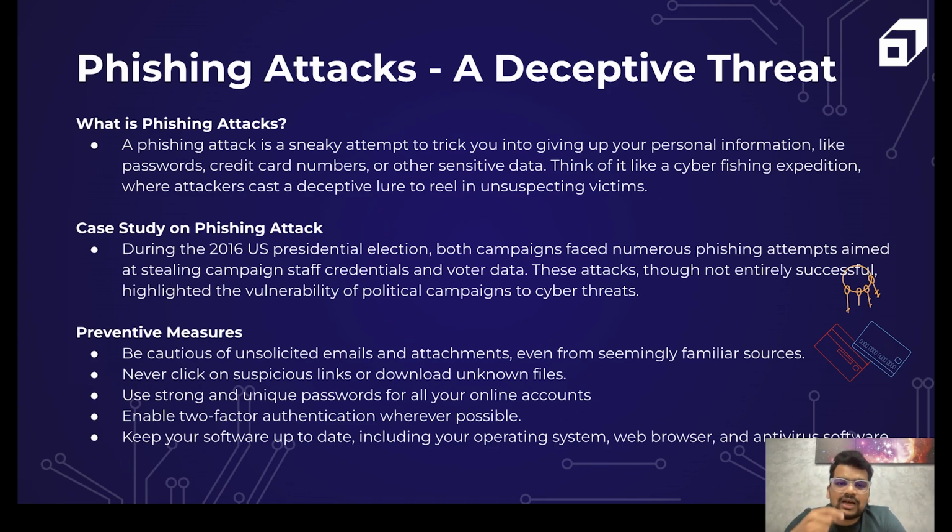You put down a bait on a hook, and the fish catches that bait, and later gets to know that it was a very deceptive attack on them. So this is why it is named a phishing attack. The bait is impersonating someone, and that is how a phishing attack works.